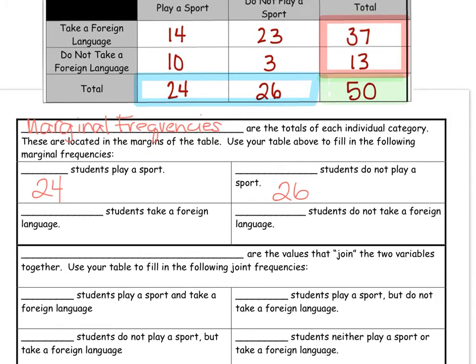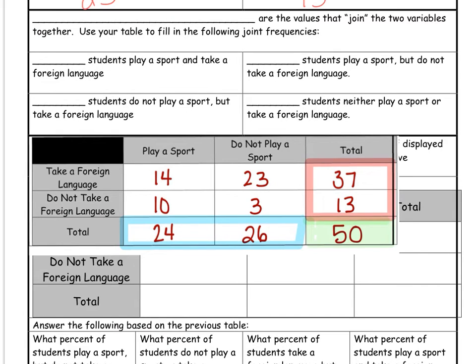Students who do not play a sport but take a foreign language are these students right here, which is 23. And then finally, students who do not take a foreign language are these 13 right here. So those are marginal frequencies.